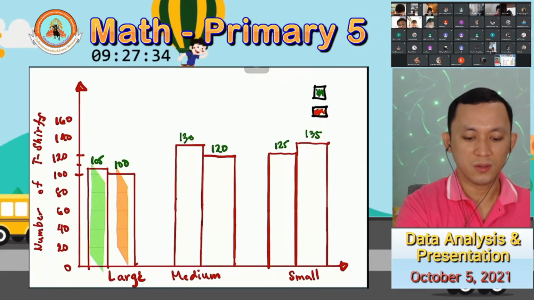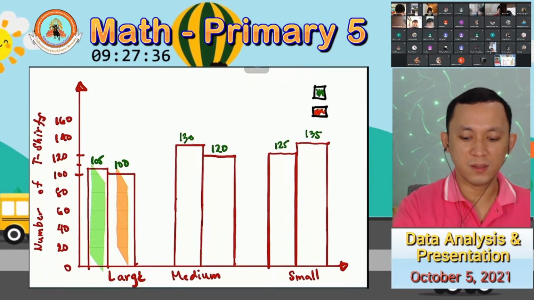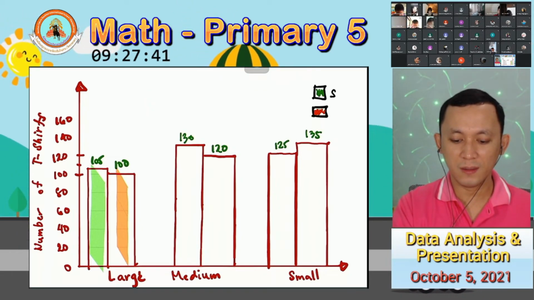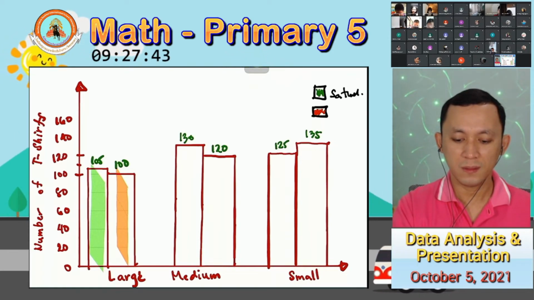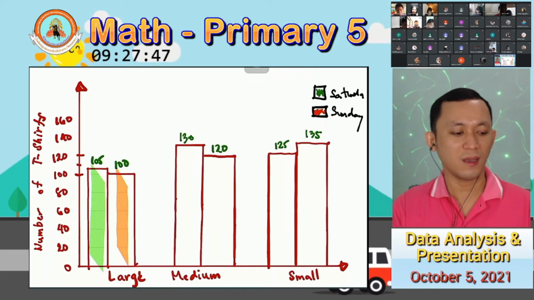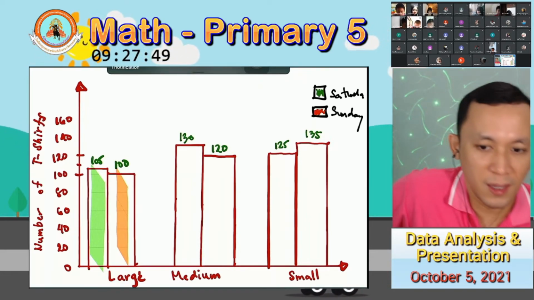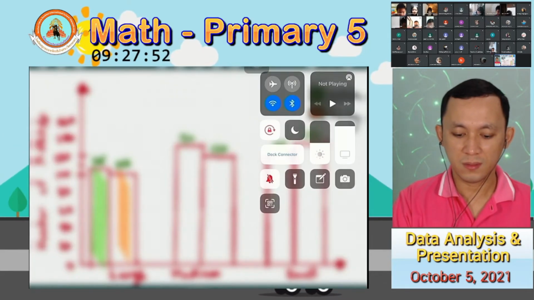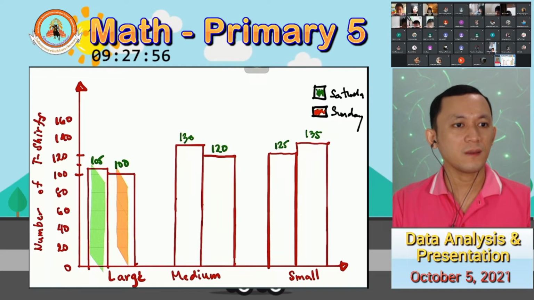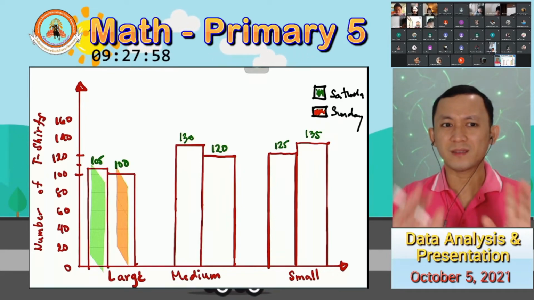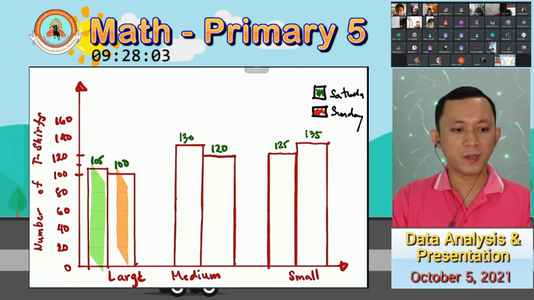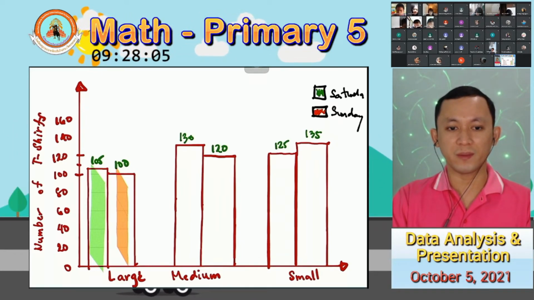So do not forget, the green is Saturday. The orange is Sunday. Okay, I don't have space on my end. My screen is very small, so you just adjust. Anyway, on your paper you have there already, right?